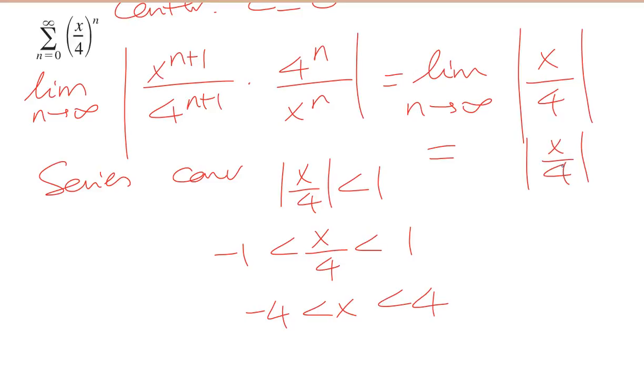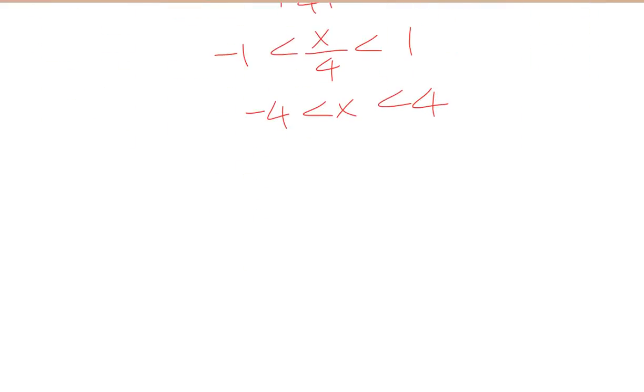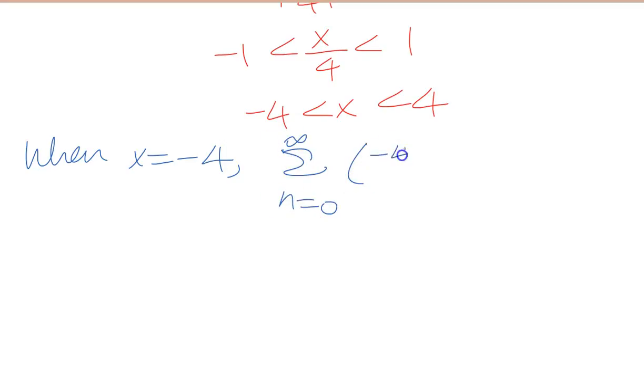So we have to do 2 different tests to figure out what's happening at the endpoints. So I'm going to write when x is negative 4. Guys, go to the series in question and replace x by negative 4. When x is negative 4, you get sigma negative 1 to the power n.